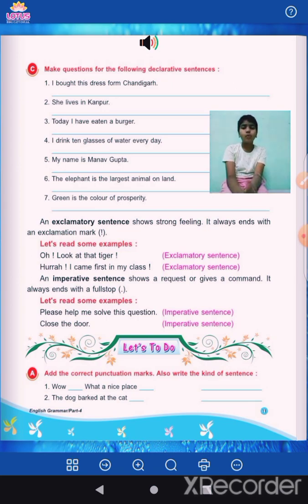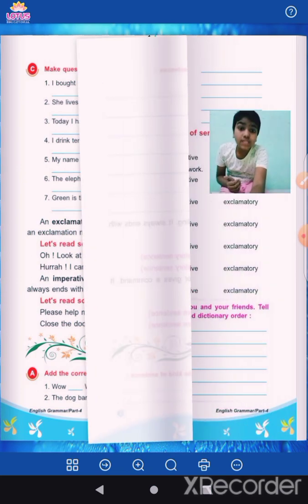I will do the fifth one. My name is Manav Gupta. What is your name? Today I have eaten a burger. What have you eaten today? I drink 10 glasses of water every day. How many glasses of water do you drink every day? She lives in Kanpur. Where does she live? I bought this dress from Chandigarh. Where did you buy this dress from? Green is the color of prosperity. Okay, you do it. Now let's start with new kinds of sentences.